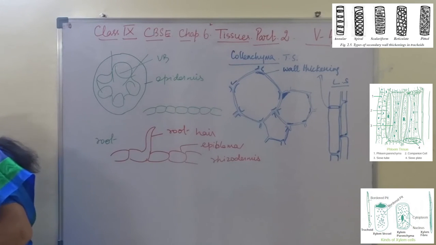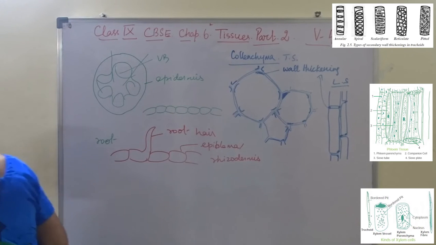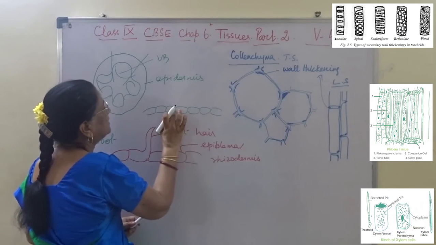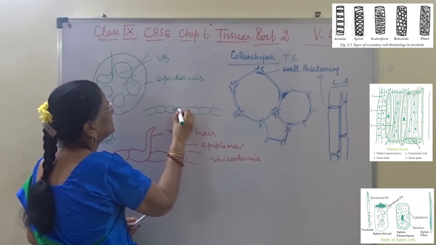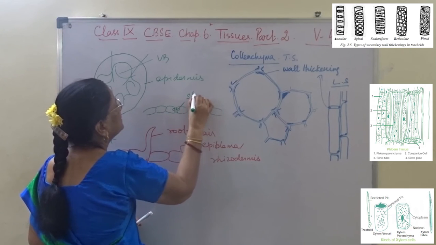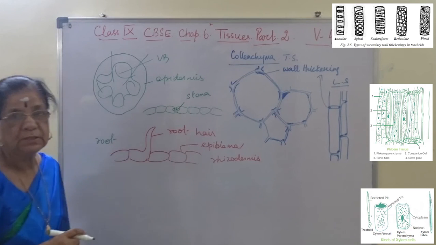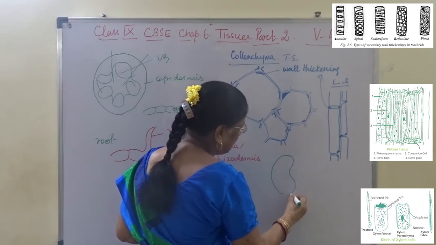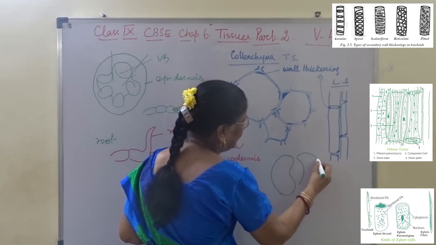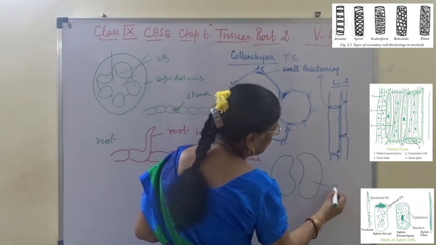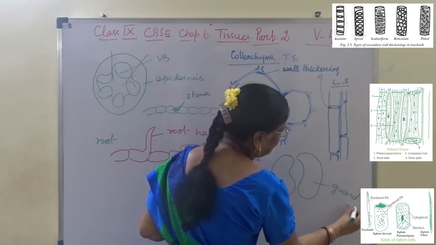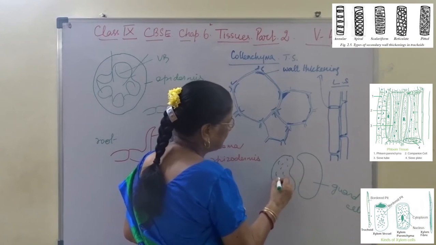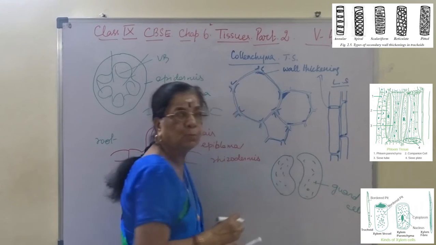So that is for the root hair. In the same way, the epidermis in the stem and leaf has a structure called stomata, singular stoma. The stomata structure has a bean-shaped cell called a guard cell. Guard cells have a nucleus and numerous chloroplasts.